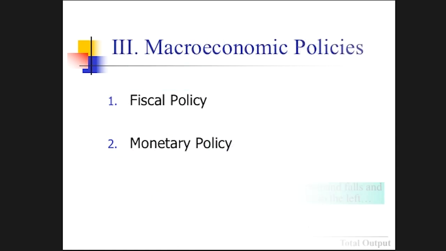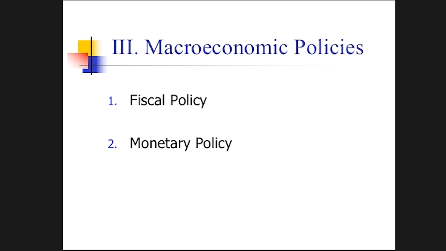In part 3, we explain briefly the two policies as a solution to stabilize the economy from recession and bring the economy back to the potential output. This is fiscal policy and monetary policy.